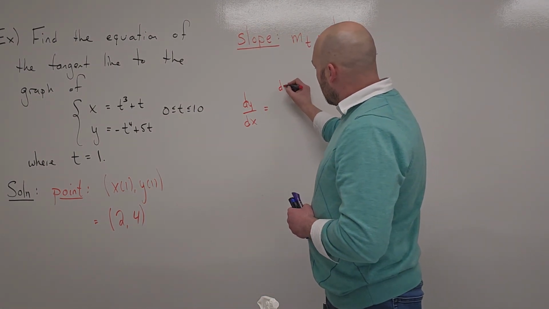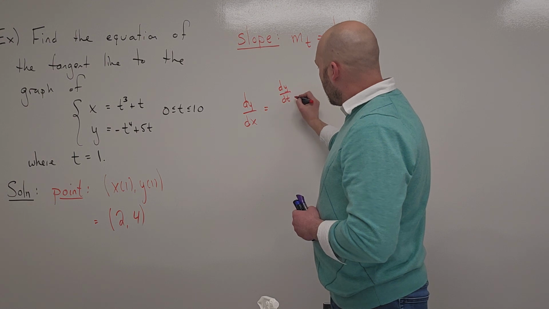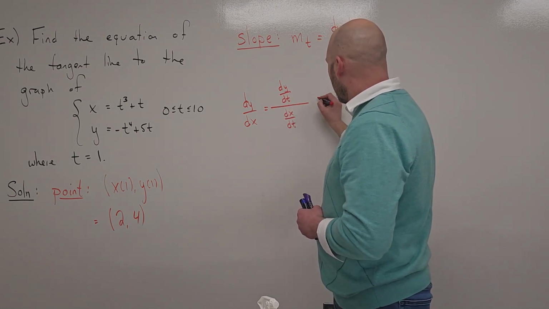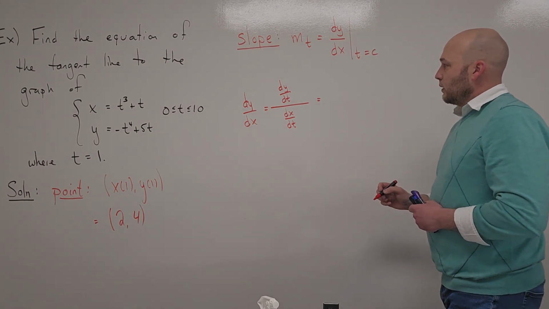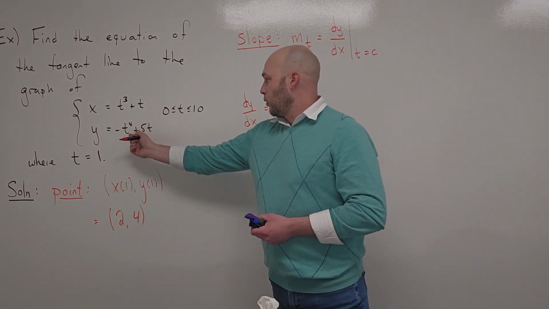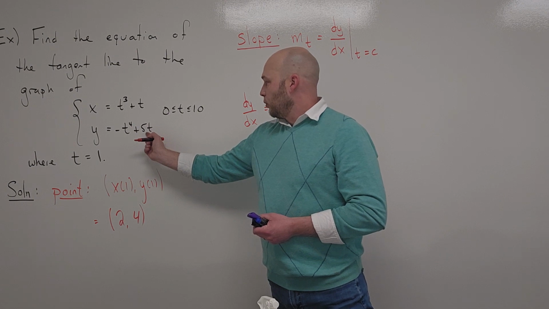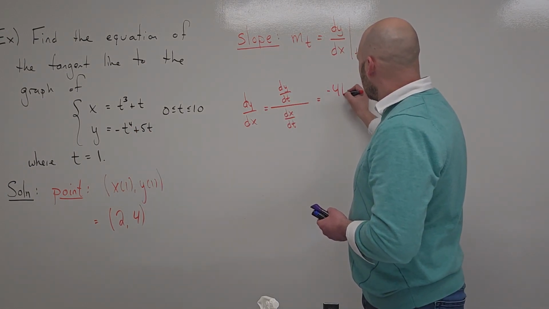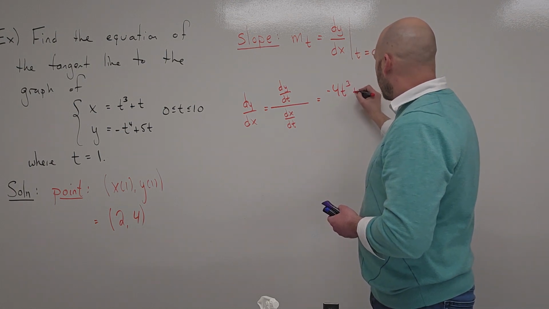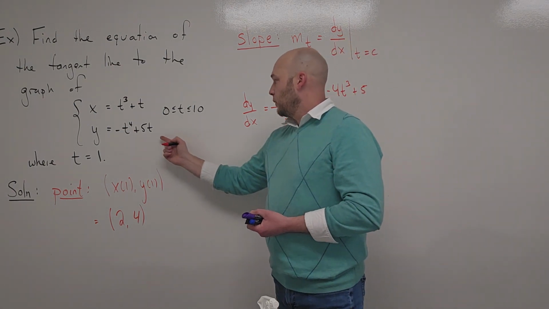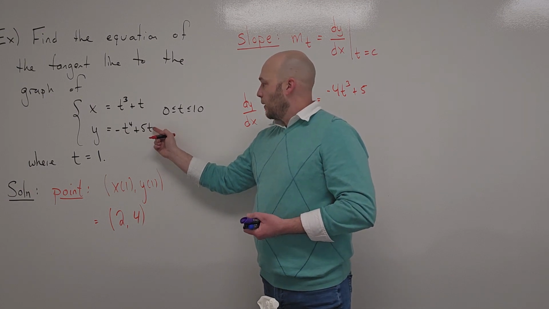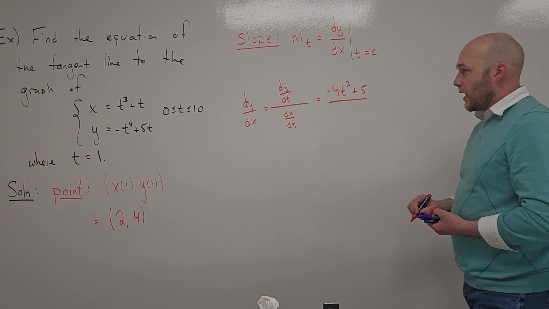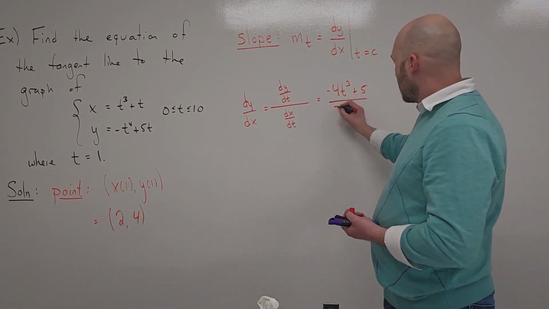It's the derivative of the y-coordinate divided by the derivative of the x-coordinate. Okay. If I take a look at the y-coordinate, I have to use the power rule and then a constant multiple rule here. So I've got negative 4t cubed and then plus 5. Technically, we use the power rule there as well, exponent of 1. And then divided by the derivative of the x-coordinate, which would be 3t squared plus 1.